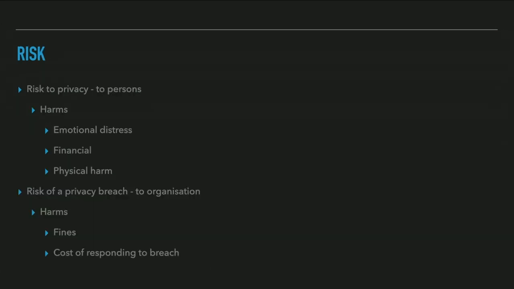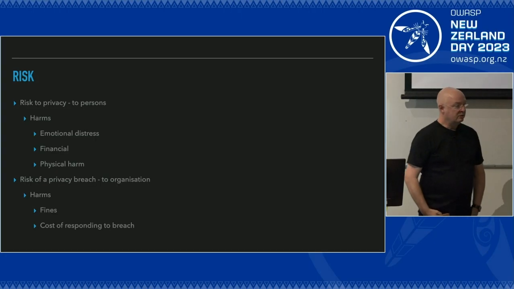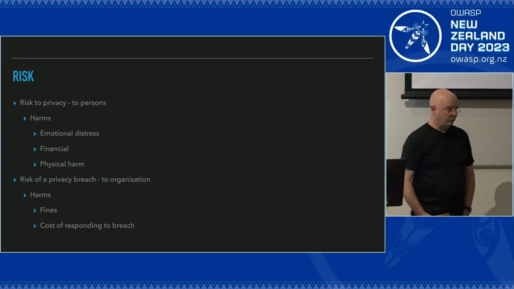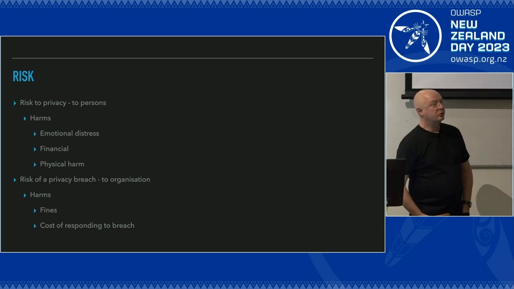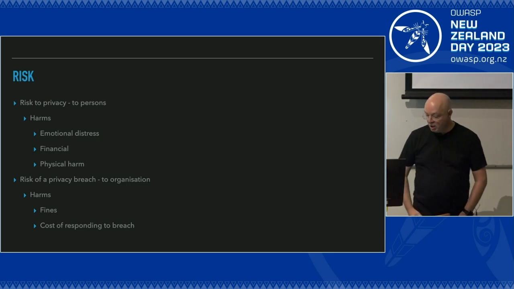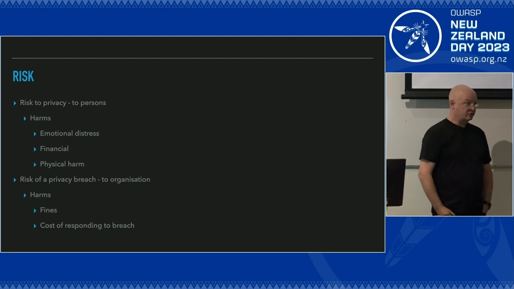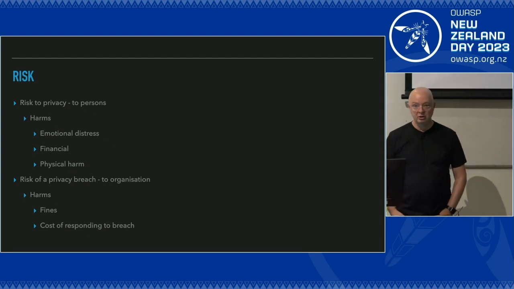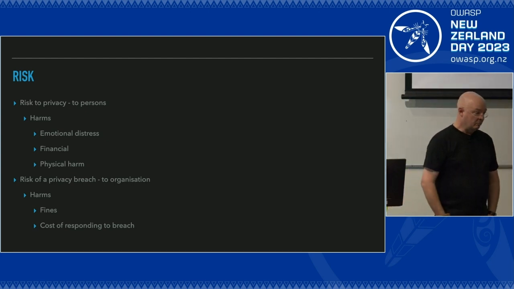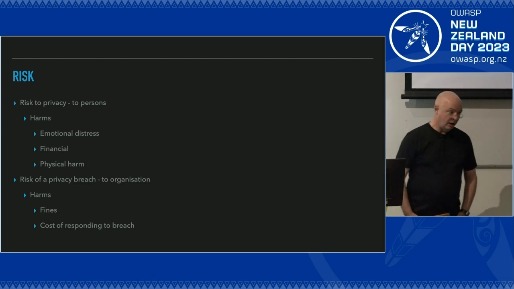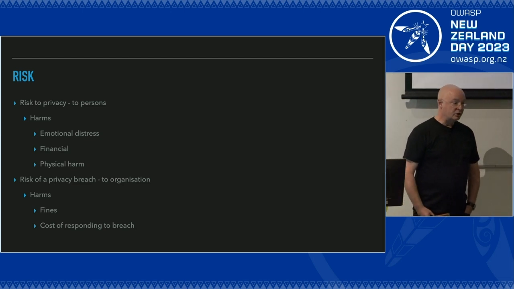So in terms of risk, I think there's really 2 categories of risk that we need to think about. The first, which is the most important, is the risk to people. So we're talking about the harms that could affect actual people through a data breach or other issues with privacy.